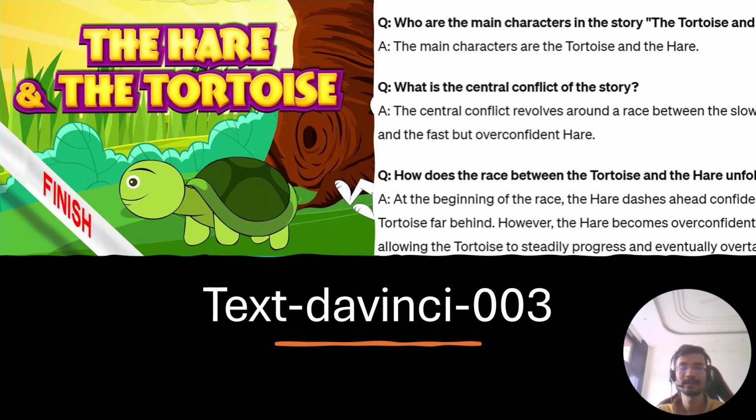And the output is: the main characters are the tortoise and the hare. This is just one example. You can feed in quite a lot and create a bigger corpus with thousands of rows, which would help the fine tuning, so the results would be better. This is a generic approach which most people use, but there are other approaches also, like LoRA and QLoRA, which you can explore.